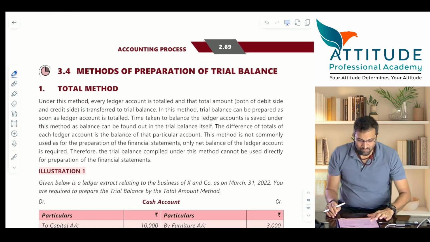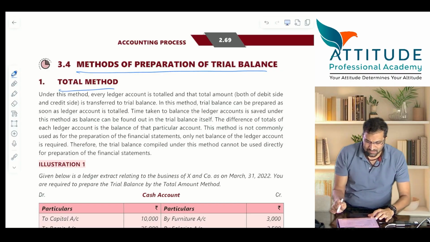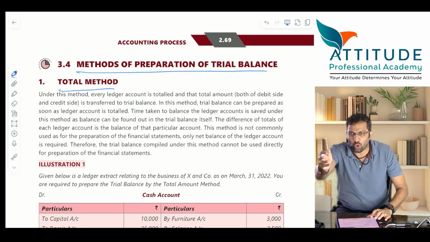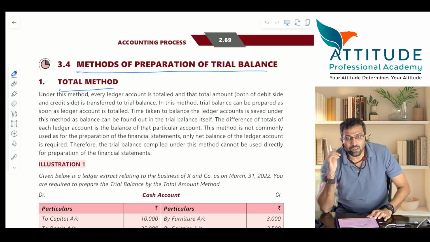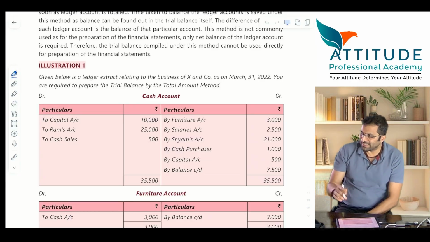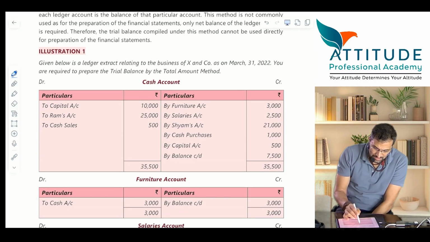Next, methods of preparation of trial balance. There are 2 methods, total method and balance method. What we follow is the balance method, which you already know. In the total method, look at this example, come down here. You tell me: cash account debit to capital introduced into the business.